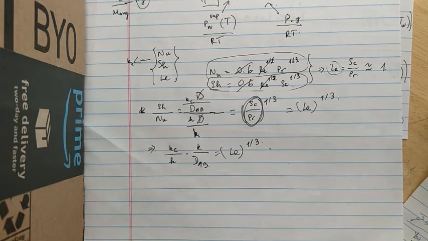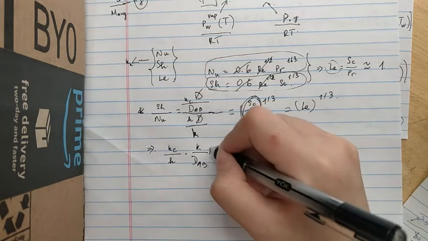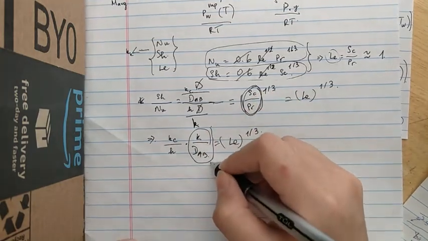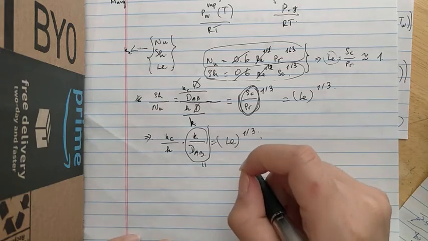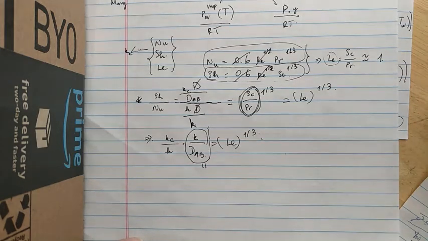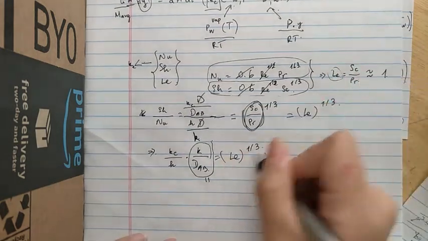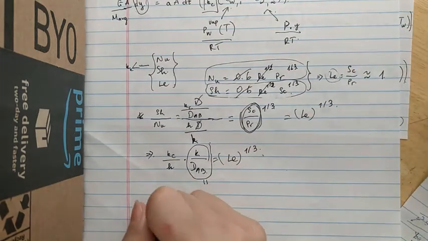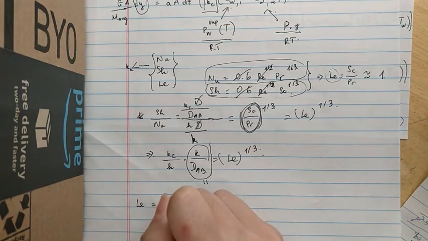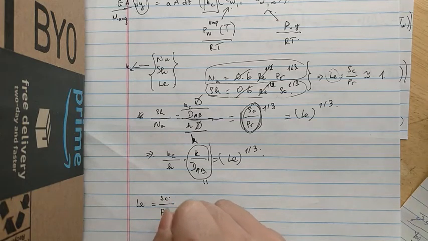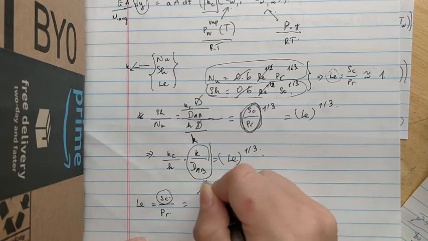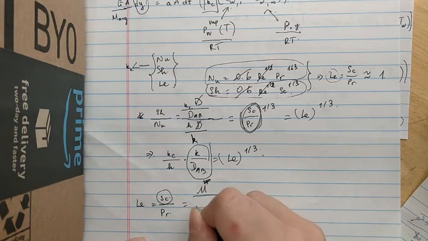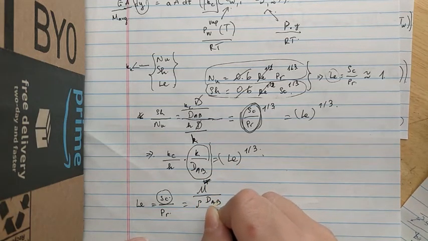I will just go from here: the Lewis number equals Schmidt number over Prandtl number. Schmidt equals mu over rho DAB.